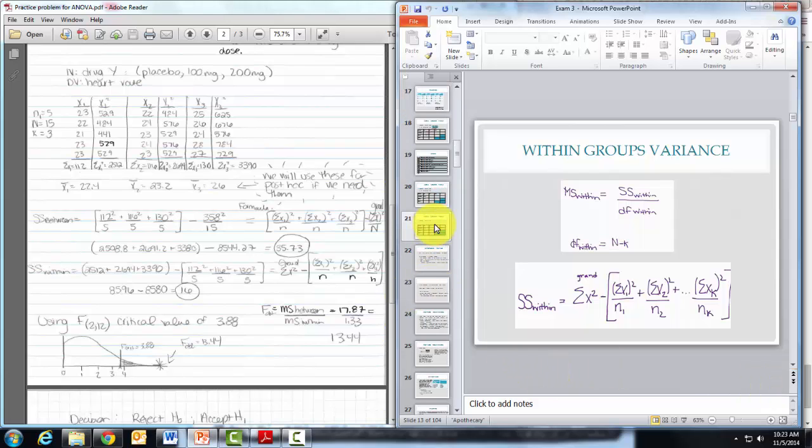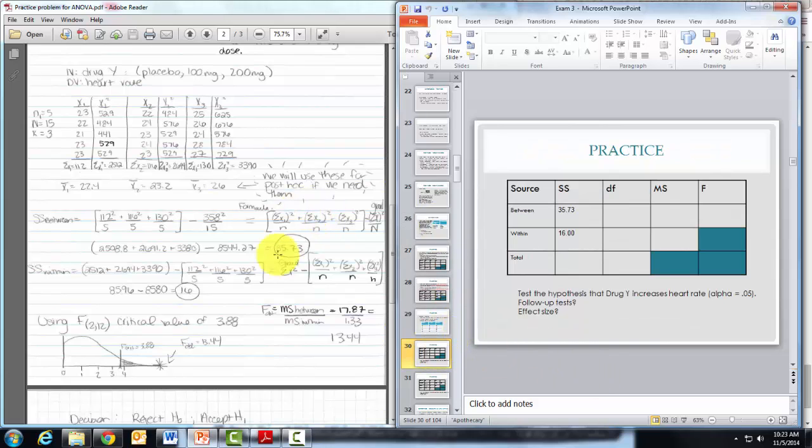So we're going to go ahead and calculate our sums of squares within. Here I have put our formula for the sums of squares within: the grand sum of x squared minus the sum of x squared over n for each of our groups. And remember, I just said this is the exact same as this in terms of the brackets.